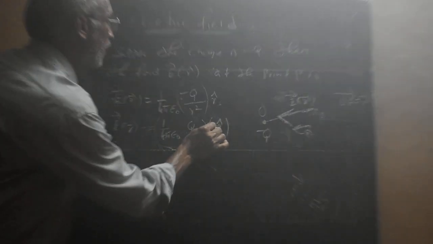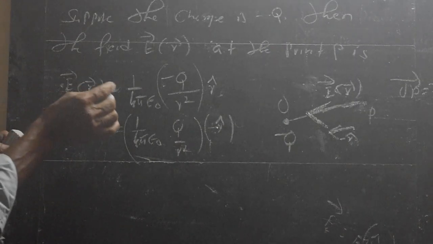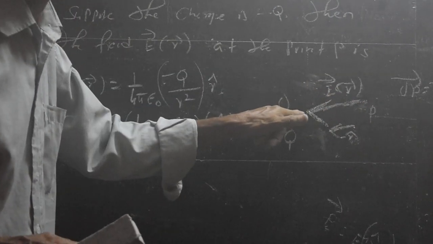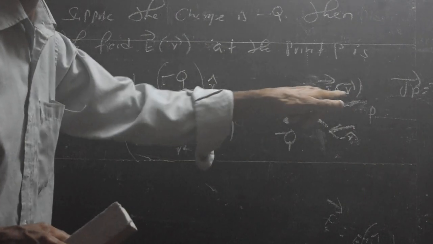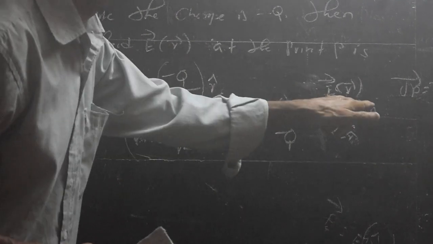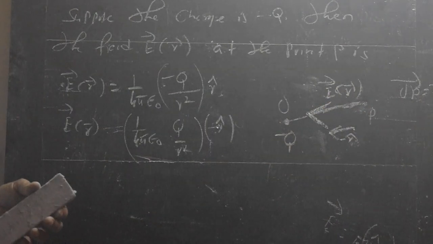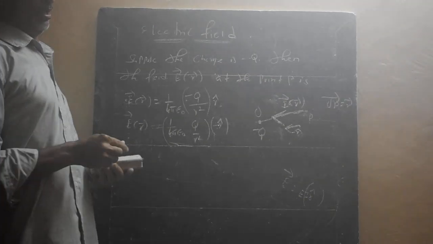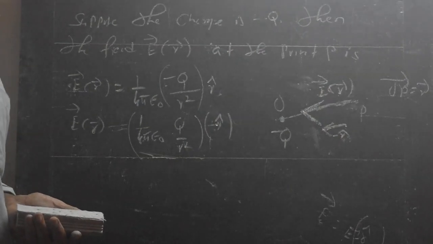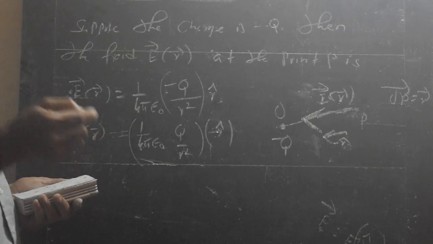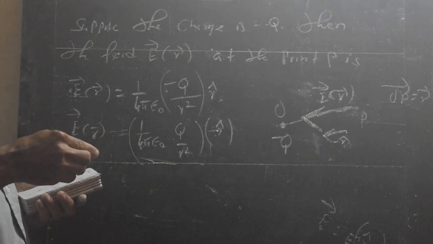Now 1 upon 4 pi epsilon naught into minus R cap. Therefore, when the charge is negative, the field is radially inwards, meaning it is towards the charge along the line joining the charge and the point. Field at a point means the electric field at one particular point; from point to point the electric field changes.